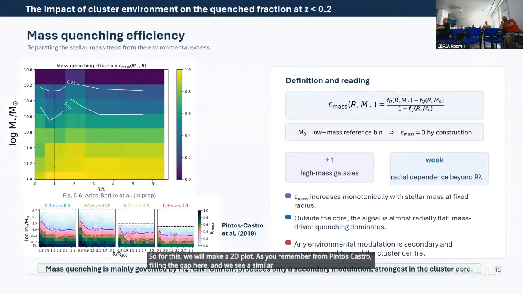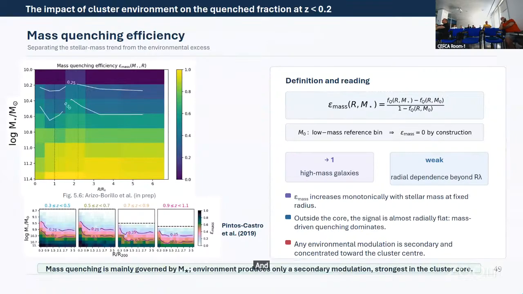Basically, the yellowish color means that the galaxies are quenched due to the mass, almost all. And if we go to lower stellar masses, the quenching due to the mass is not as important as the environment.